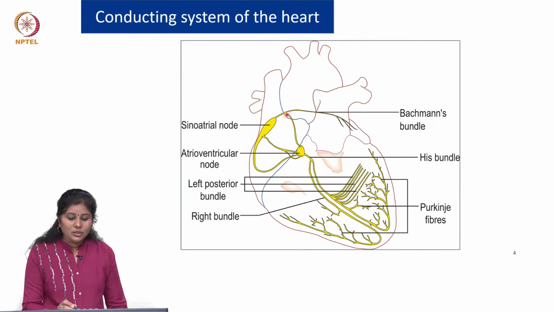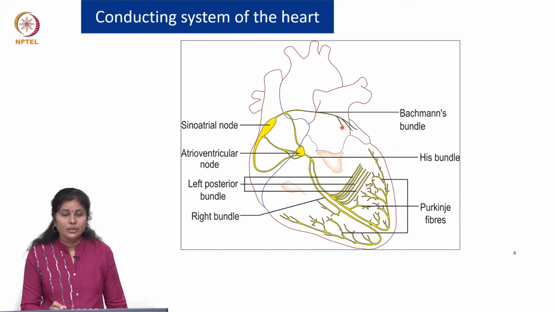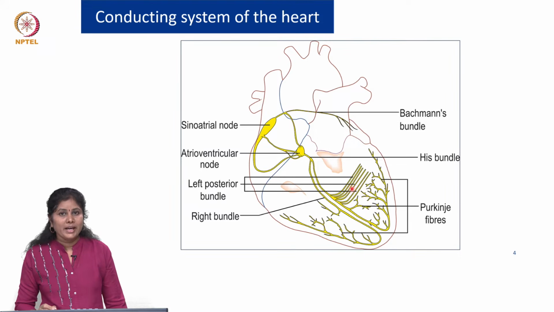Also, a branch of the anterior internodal tract goes to the left atrium to excite the left atrium. The AV node continues as His bundle, which very soon branches into right branch and the left branch. The left branch again branches into anterior fascicle and the posterior fascicle. Both the branches go and merge with the Purkinje fiber system. This is the conducting system of the heart.